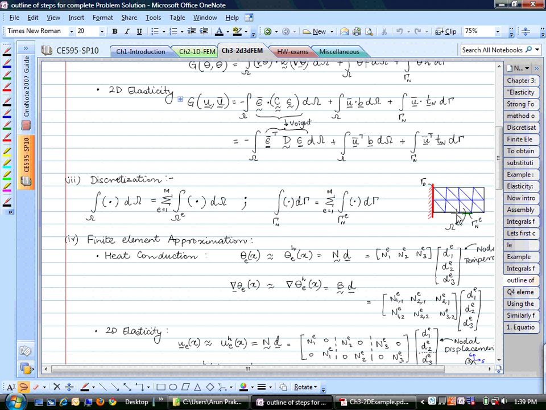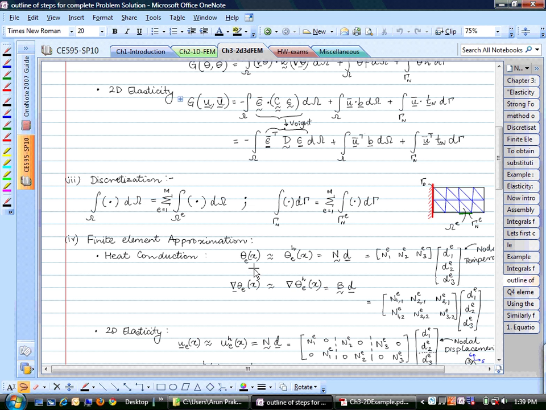You can break this natural boundary condition up into pieces of its elements, and not all the elements will have a natural boundary. So this sum will be over those elements which actually have a natural boundary. Okay, and then finally you plug in your finite element approximation.